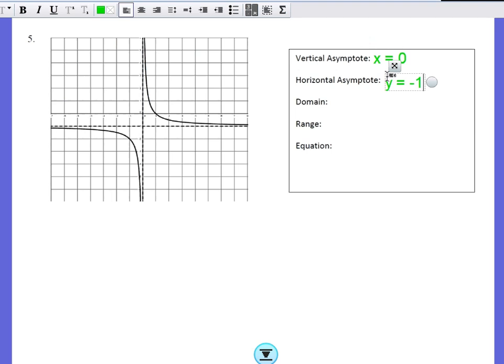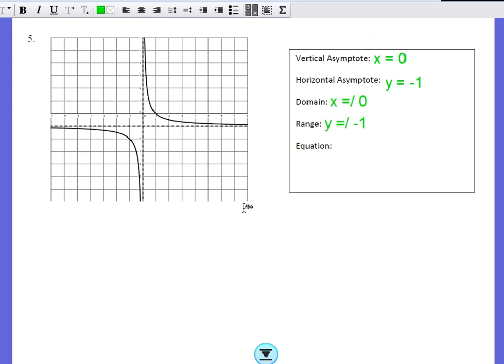It's a little bit hard to see what the numbers are, but we can get it from that. The domain would be x does not equal 0. And the range, since this is a transformation from the parent function 1 over x, the range would be y does not equal negative 1.